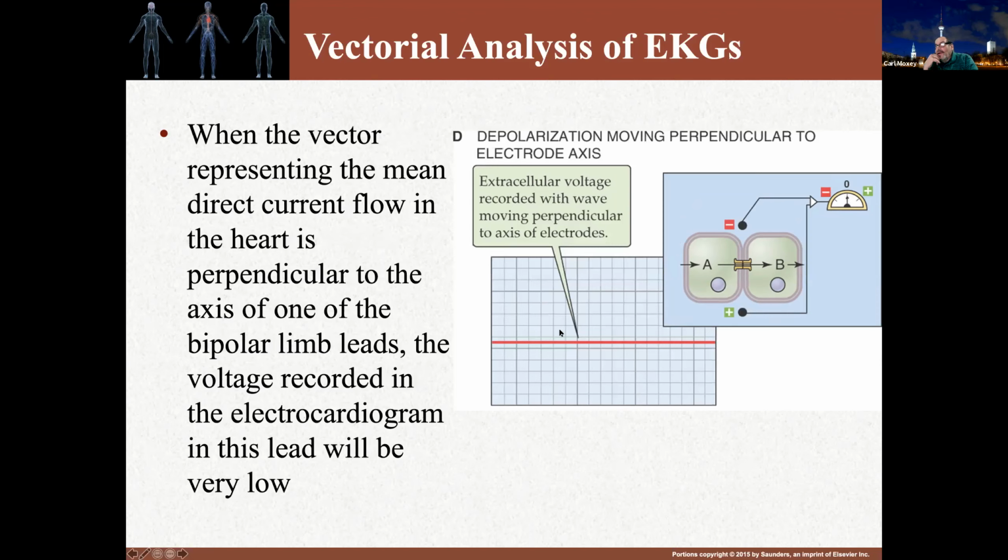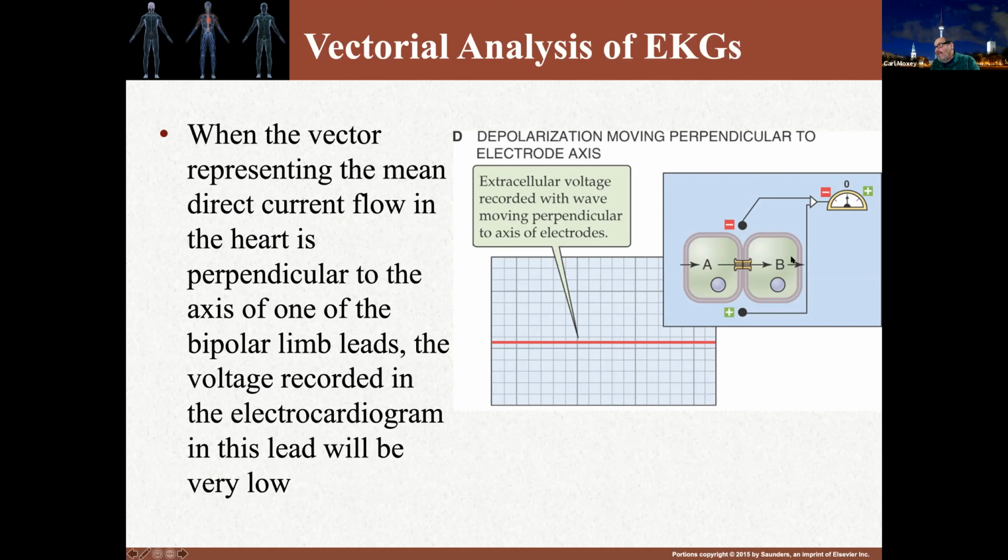If, on the other hand, the vector representing the mean direction of current flow in the heart is perpendicular to one of the bipolar limb leads, the voltage recorded is very low. You could say it's zero, but sometimes it'll be a little off zero.